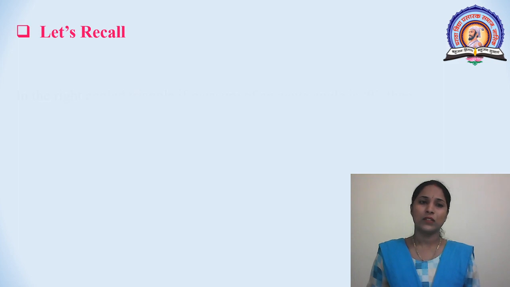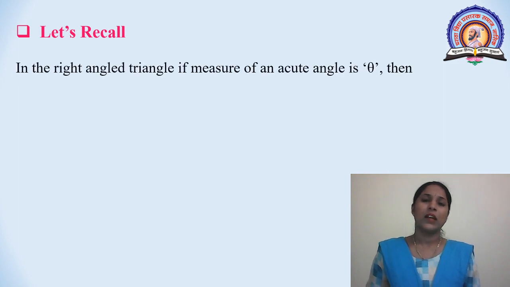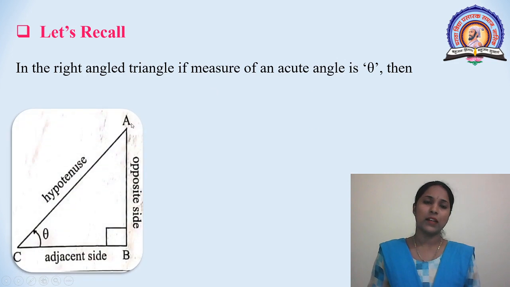Let's recall. In 10th standard, we studied the trigonometric ratios. In a right angle triangle, if the measure of acute angle is theta, then see the diagram given, triangle ABC.